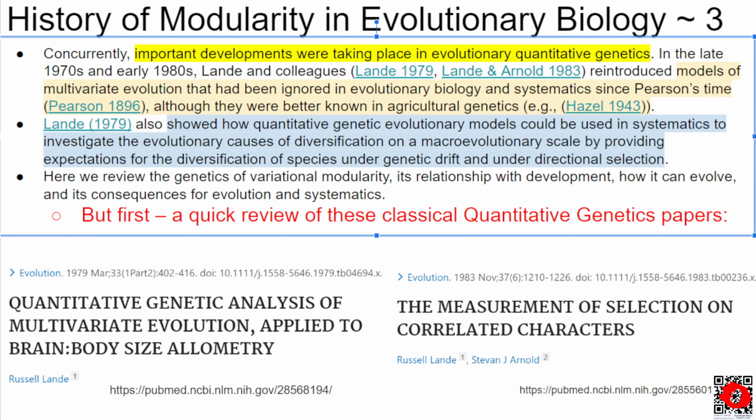However, in this paper stream, we're going to look at these Lande and Arnold papers because they're kind of classics in the area, as indicated by the fact that they're cited in a lot of different places. Also, during my undergraduate with Brian Moore, Michael Turelli, Artem Kopp, and a lot of other professors, a few of us were learning a lot about this perspective and framework for multivariate evolution.